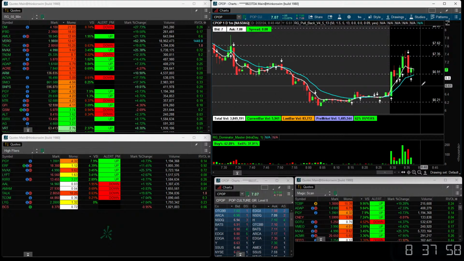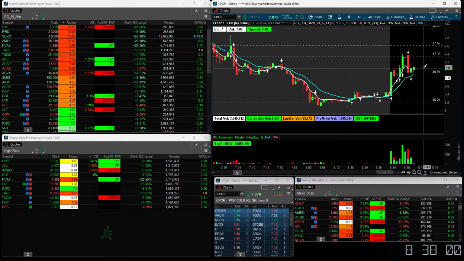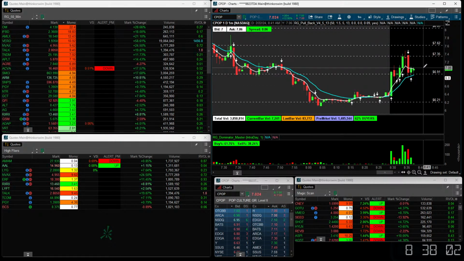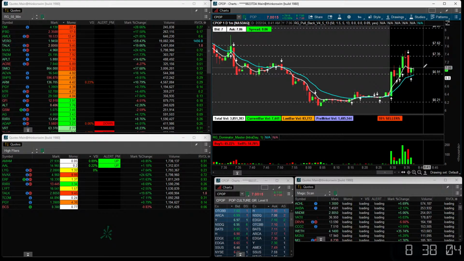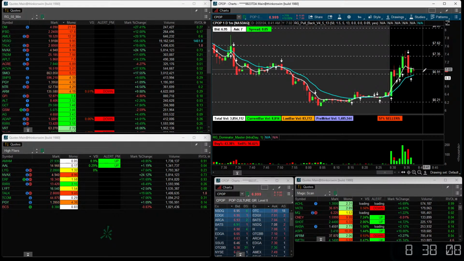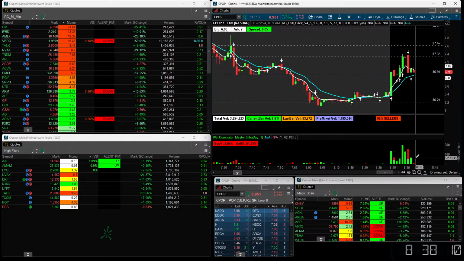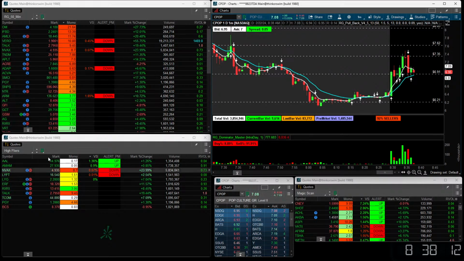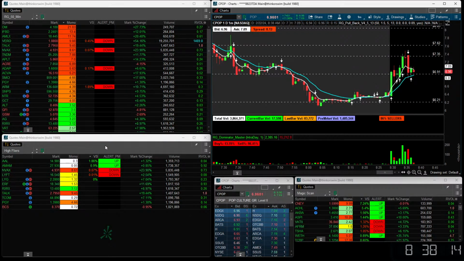Possible bounce up on CPOP from 695. Well, actually 706. That's if we can get some green bars on the dominator. It's not happening, I don't believe.